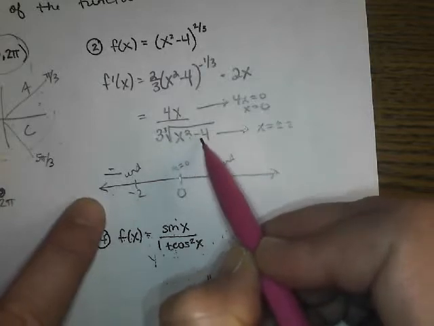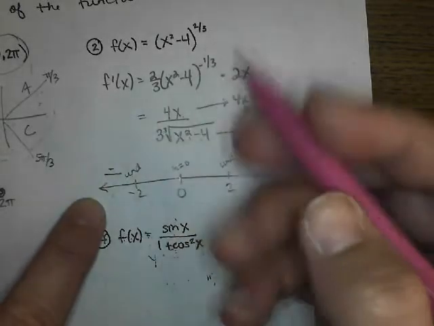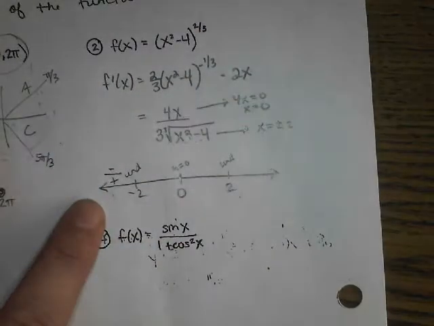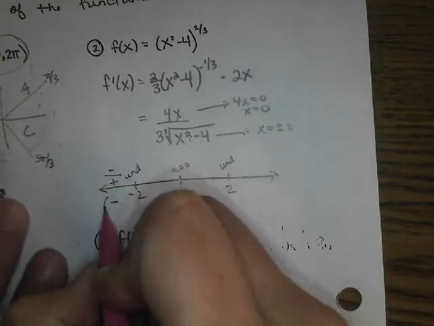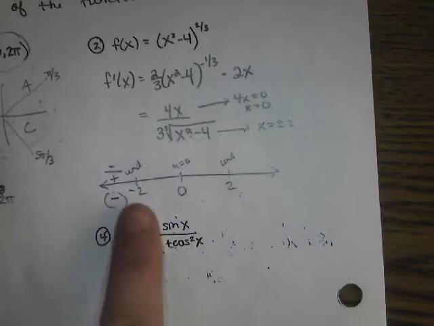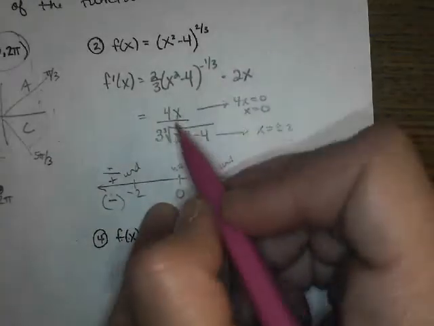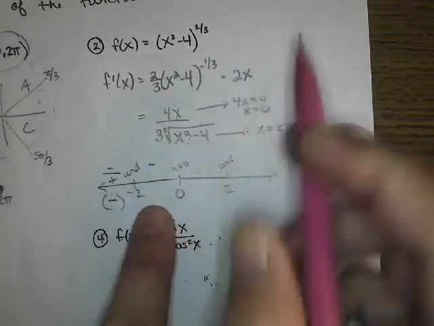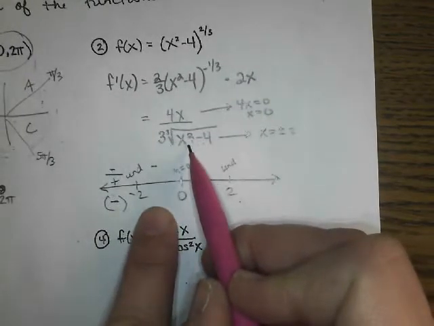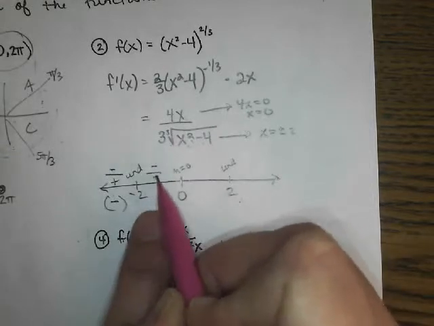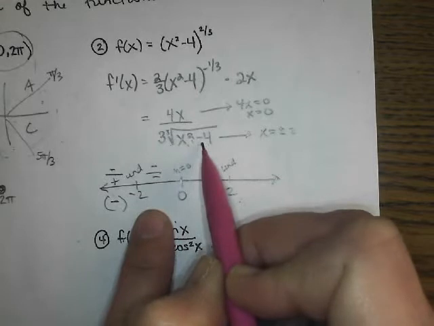Okay, and a negative divided by a positive is a negative. From -2 to 0, plug in -1. That'll be a negative numerator. What's going to happen to our denominator? It's gonna be negative, because 1 minus 4 will be a negative number. We can take the cubed root of a negative number, it's still negative, a negative times 3 is negative. And then a negative divided by a negative is overall a positive.